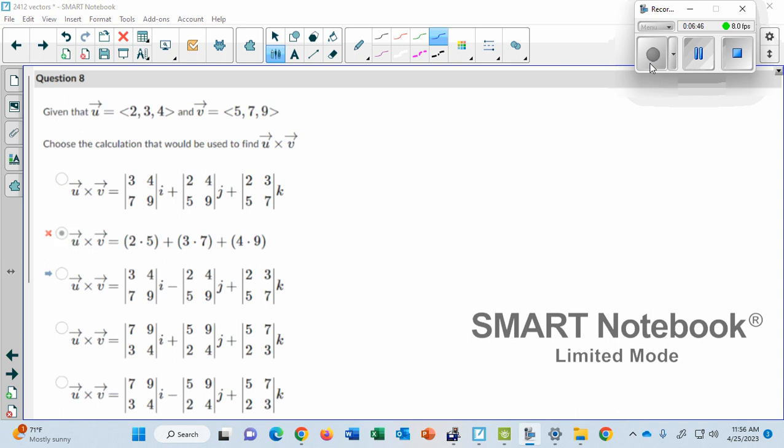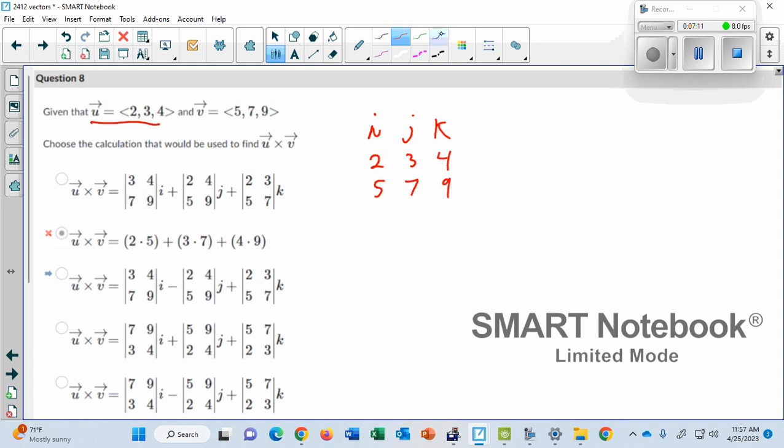I know the video probably has a couple different ways of explaining it, but the way I like to do it is I can have i, j, k, and then for vector u, those components go below that, so 2, 3, 4, and then for vector v it's going to be 5, 7, and 9.